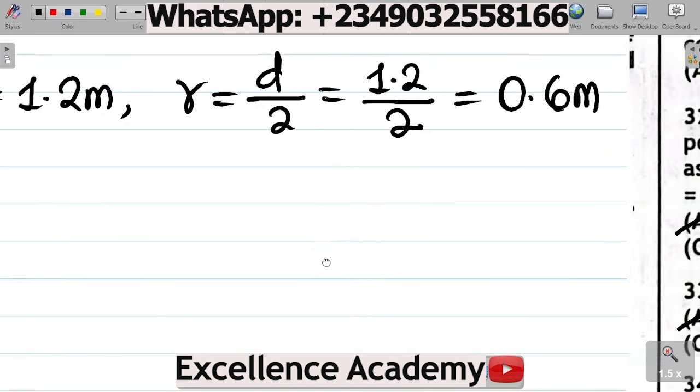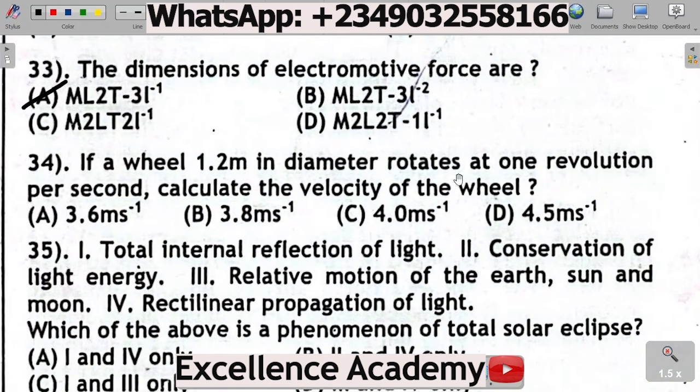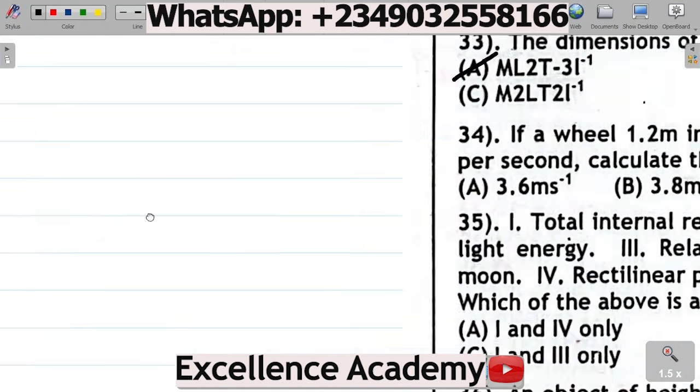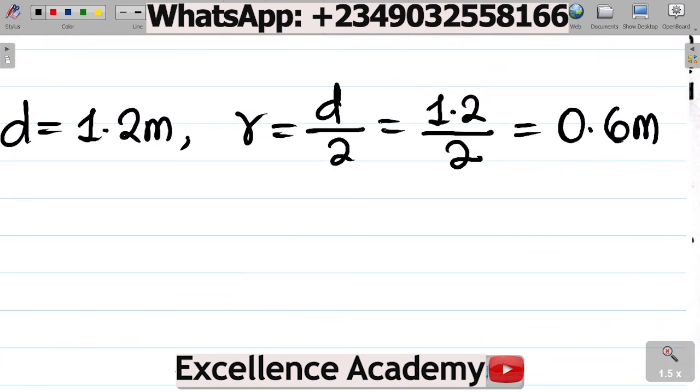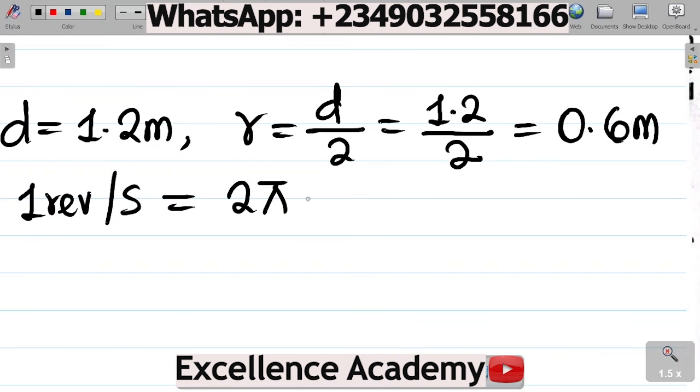We've gotten the radius as 0.6 meters. They said it rotates at 1 revolution per second. We also know that 1 revolution per second is equal to 2 pi rad per second.